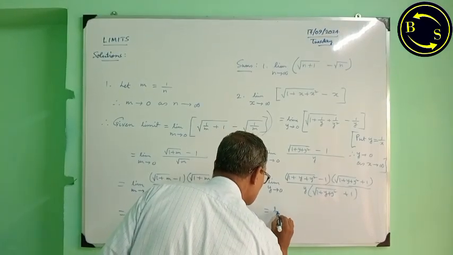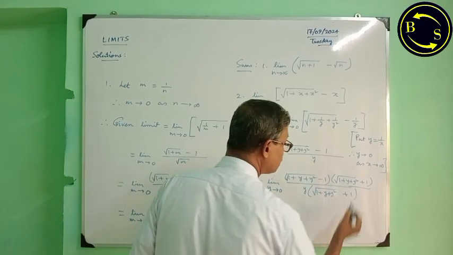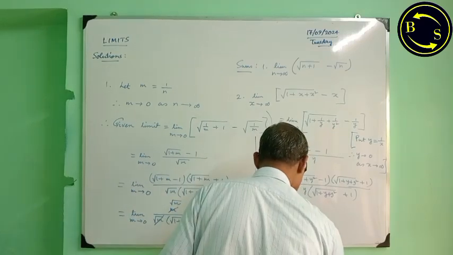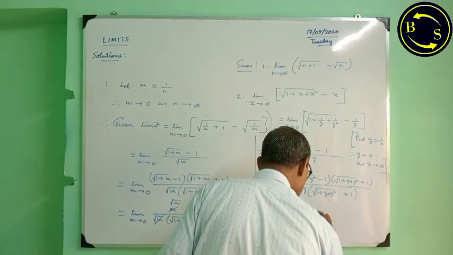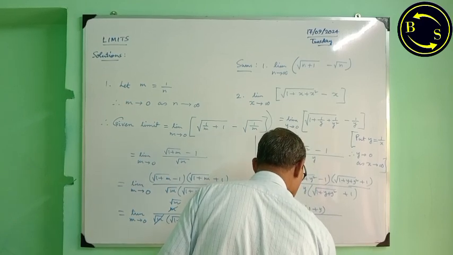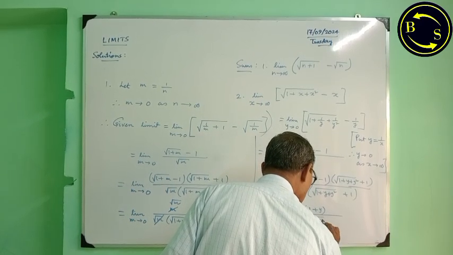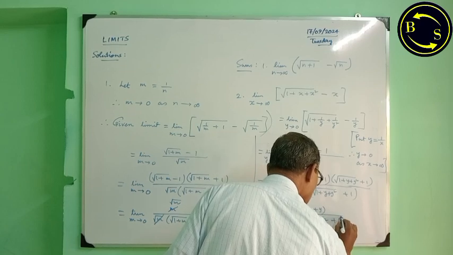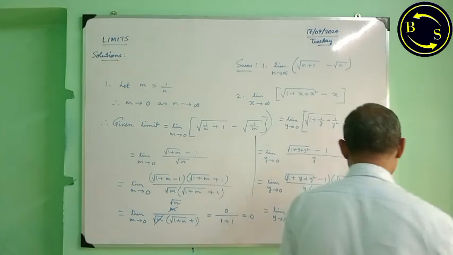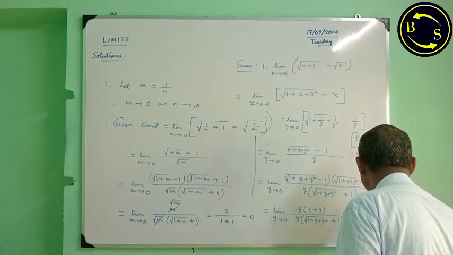Then limit y tends to 0. The product after simplification will be y plus y square. I take y as common factor. Now I can cancel y, mentioning y not equal to 0.